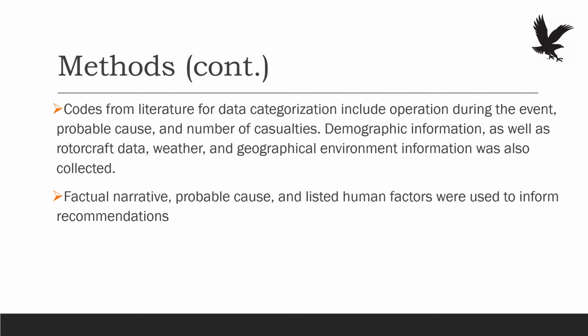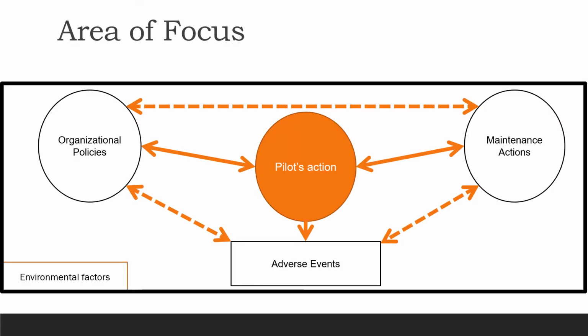These were all collected, and then for studies that weren't fully approved or are still in the process of being conducted, I simply looked at the available factual narrative or even sometimes the preliminary narrative. And then that coupled with the probable cause and available human factors were used to inform recommendations, especially when there weren't any present. And here I'm just emphasizing that the pilot's actions is the focus of this study.